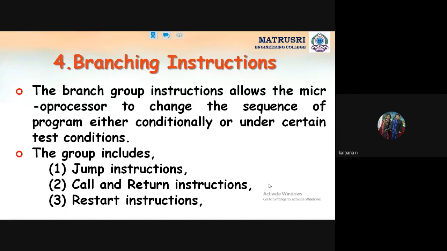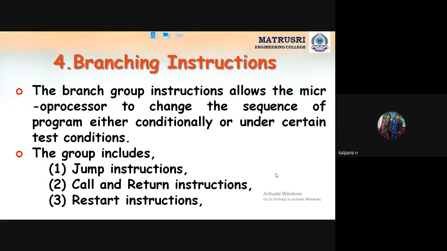The actual sequence is, after the fifth, we go for execution of the sixth instruction, and then the seventh, eighth, ninth, tenth. This is the sequence we need to follow. But instead, we are jumping from the fifth to the first again. So in order to change the sequence, we need to use branching instructions.